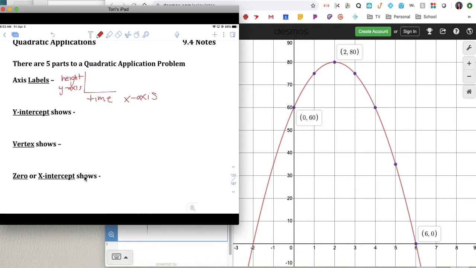All right, so again, the y-intercept is going to show how high you were to start. The vertex, or in other words, the max, is going to show you how high you got, and what time you got there.